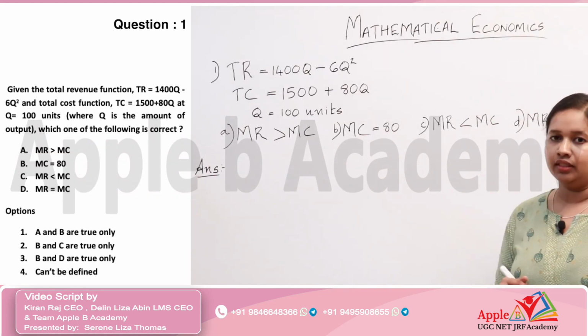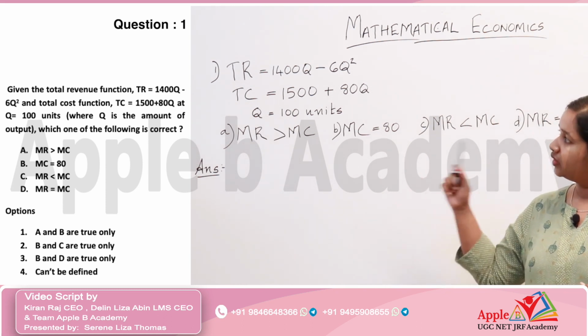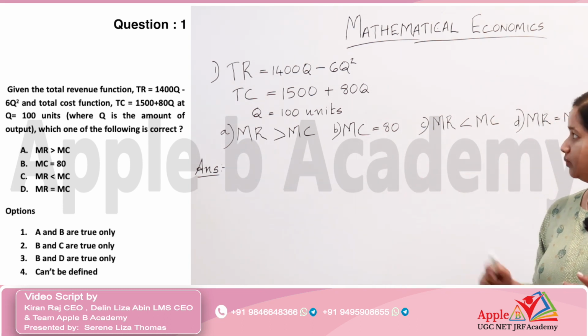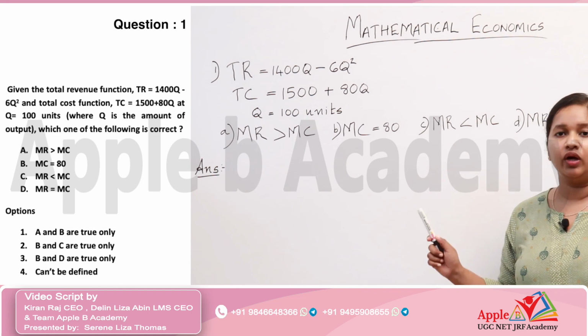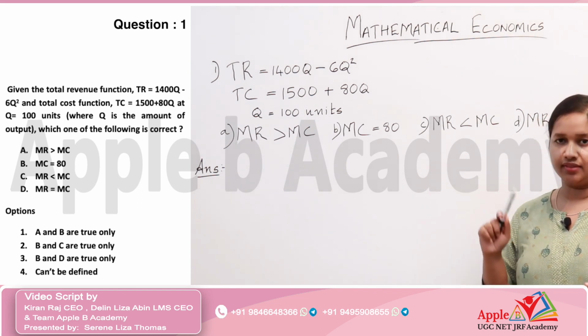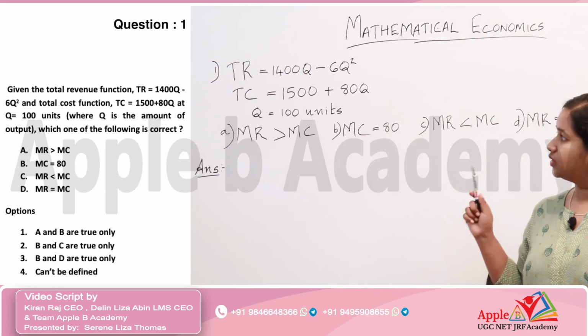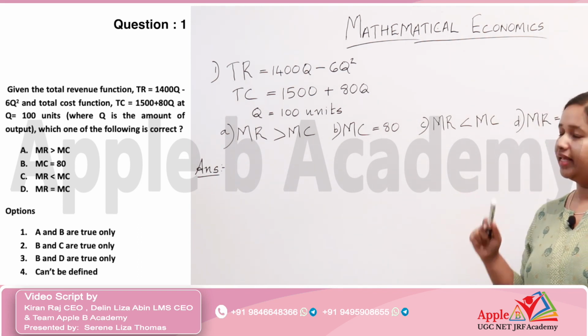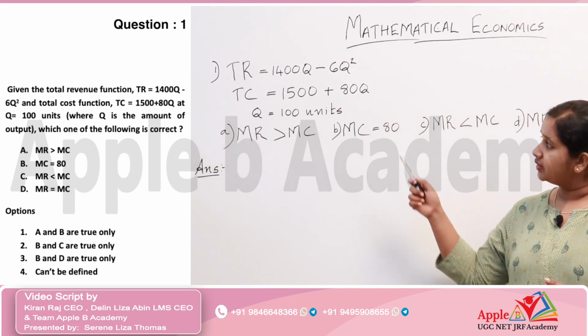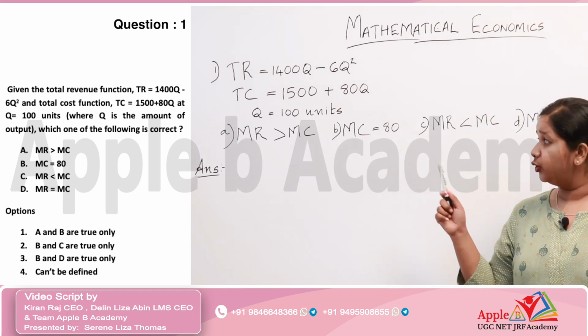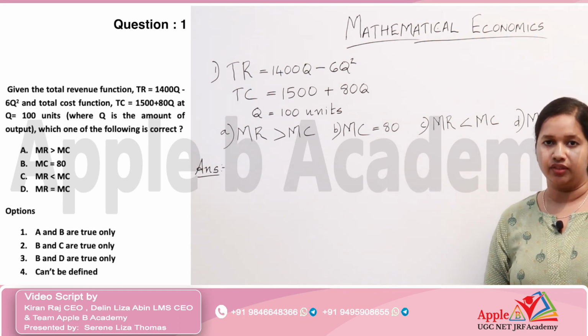In this question we can see that the total revenue function is given. The total revenue is equal to 1400q minus 6q square, and the total cost function is 1500 plus 80q, and the quantity q is given, which is equal to 100 units.